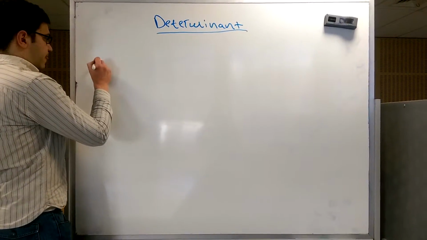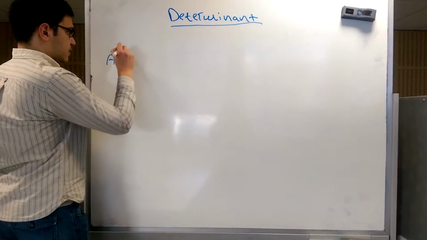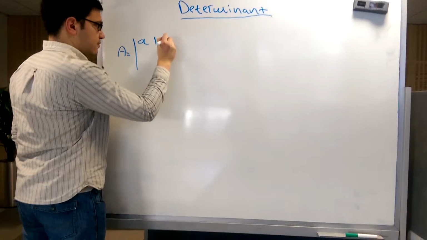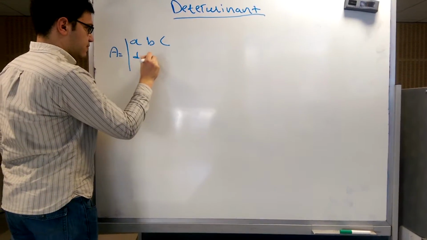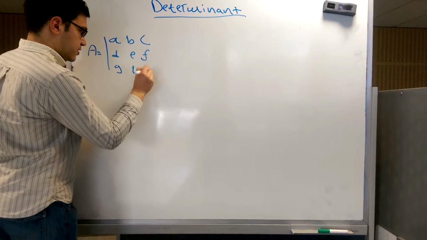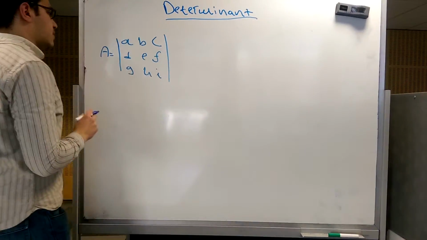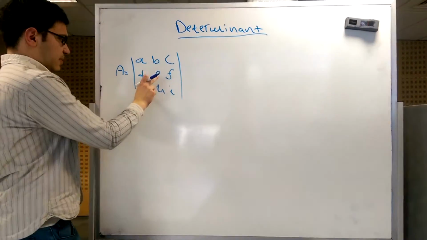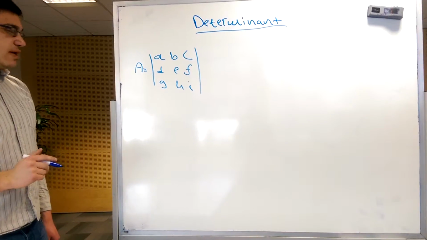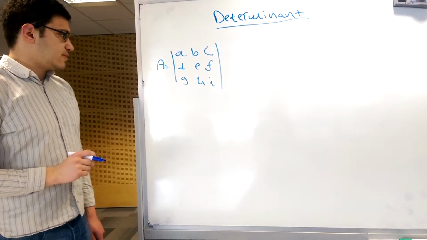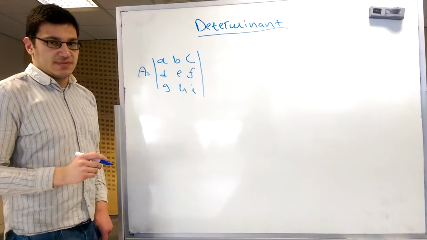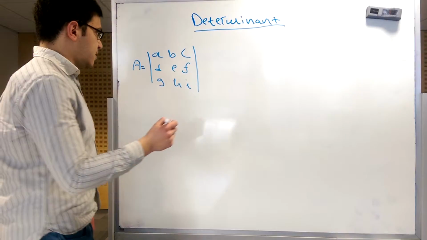So we have A equals A, B, C, D, E, F, G, H, I. So this is a 3 by 3 matrix, and in this tutorial we will stop at 3 by 3 determinants, as the other dimensions of determinants are not in your curriculum.